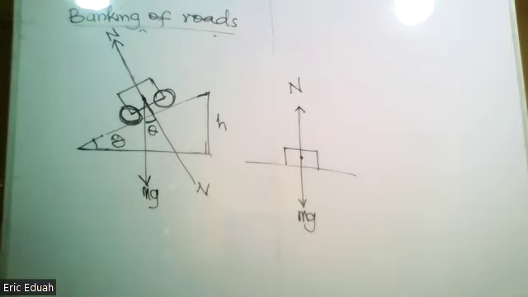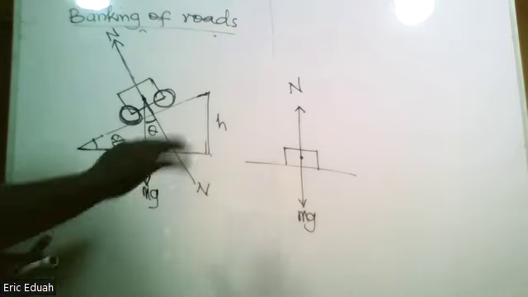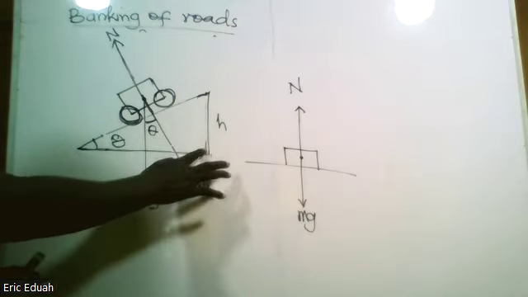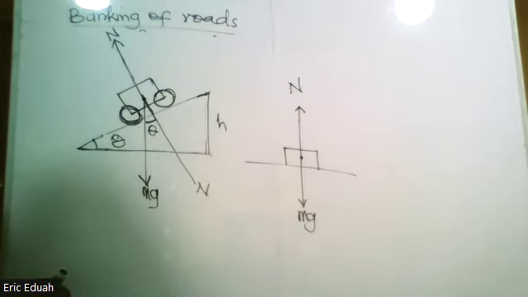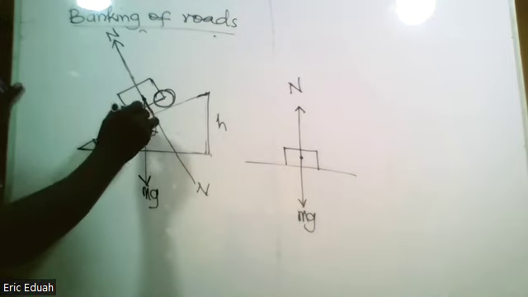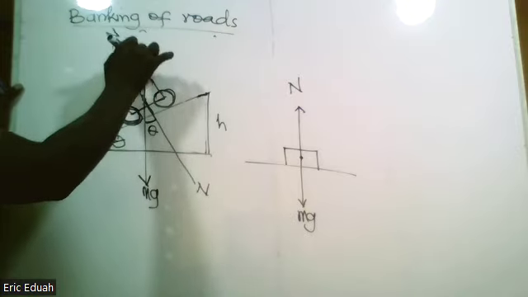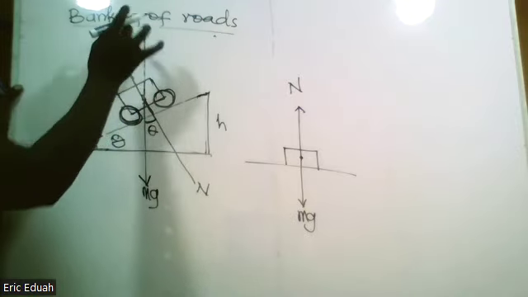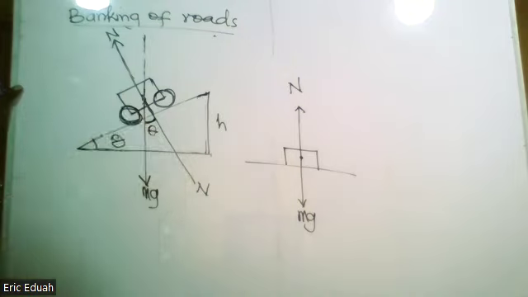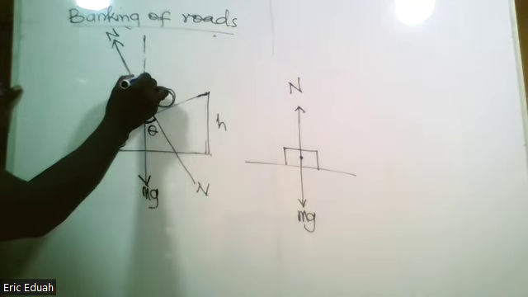Please, do you understand this? Do you understand how this works out? Yes, please. Okay, then I can continue. Meaning that if I extend the weight vector up, I have this angle being equal to this angle.